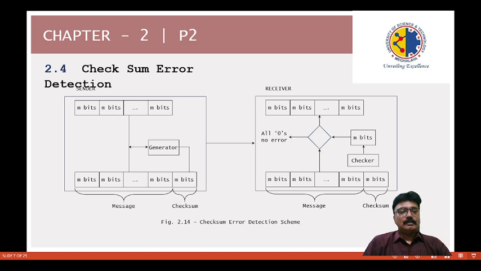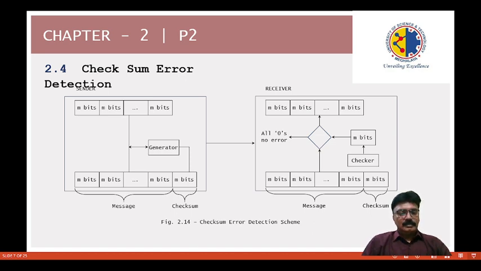In the sender, if there is information, if there is a frame, it will be converted into m bits, that is 8 bits of information in each and every segment. So a frame consists of different segments, m bits like that.